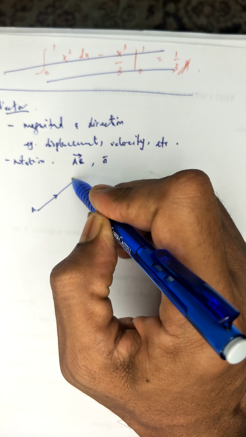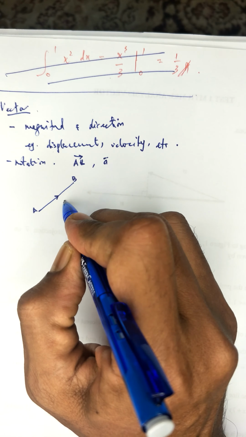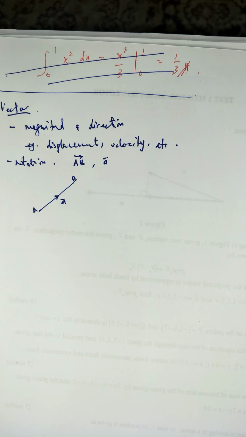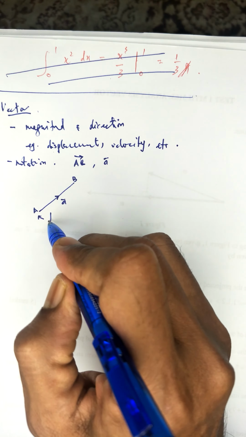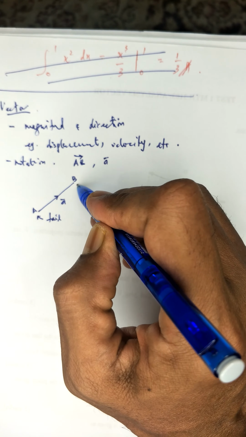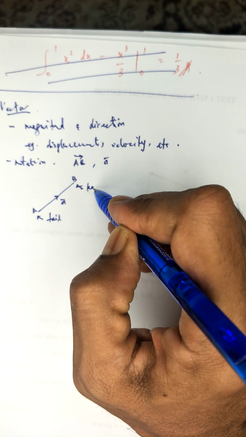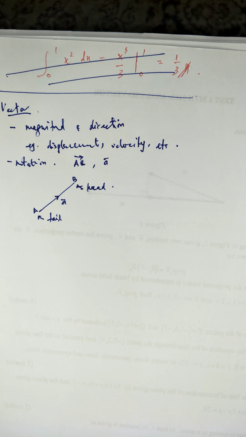This is our point A, this is our point B. So this is A to B, and this we can also denote as a. Point A we call the tail, and point B we call the head of the vector. So that is a very basic introduction.